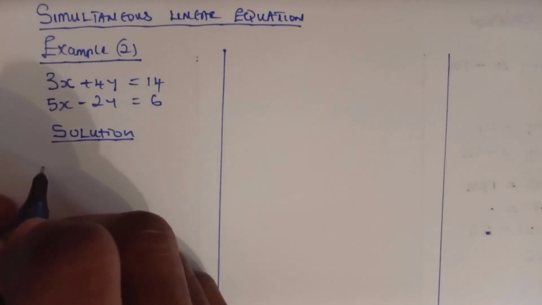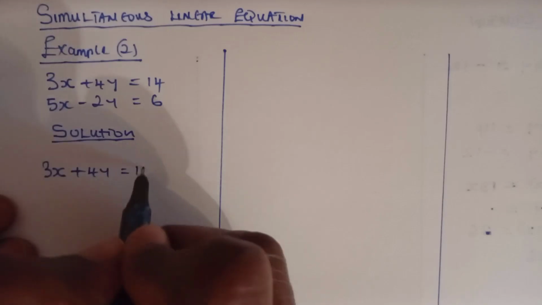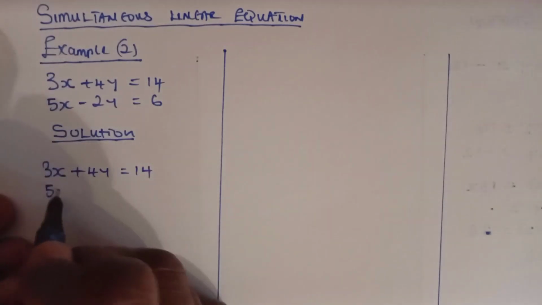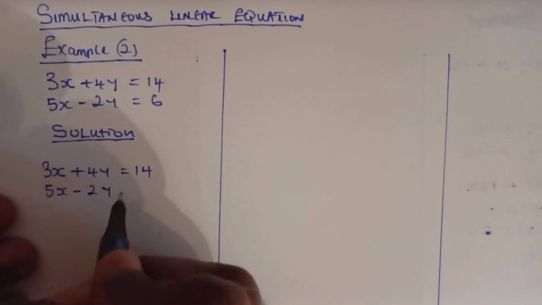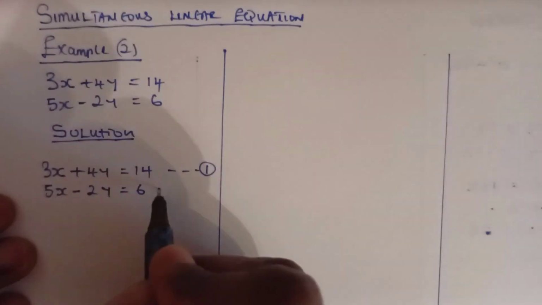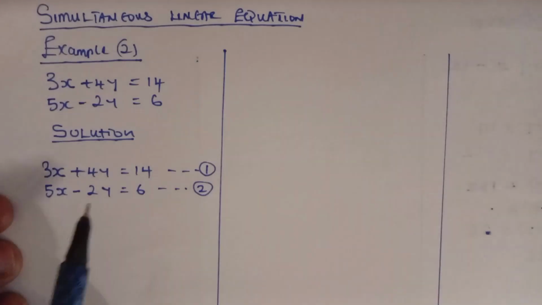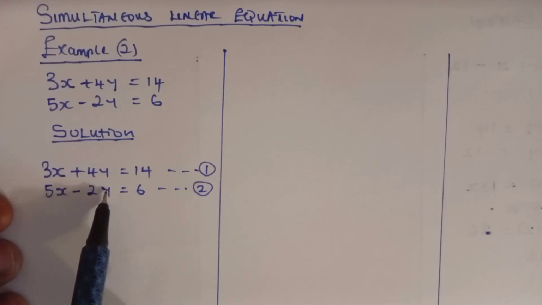So we have 3x plus 4y equals 14, and 5x minus 2y equals 6. This is equation 1 and this is equation 2. So for us to eliminate y, we have to make the coefficient of y in equation 1 the same as the coefficient of y in equation 2.